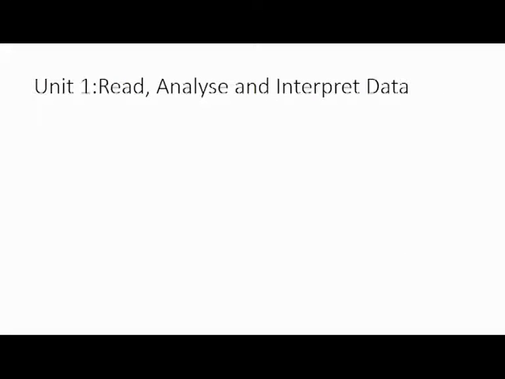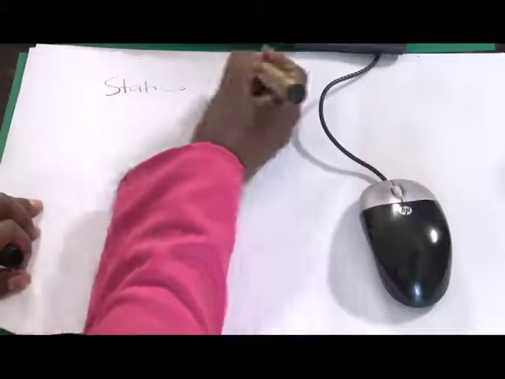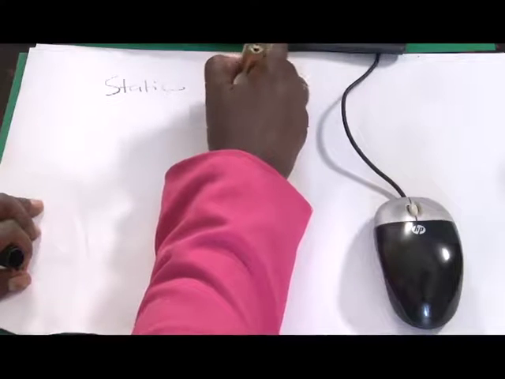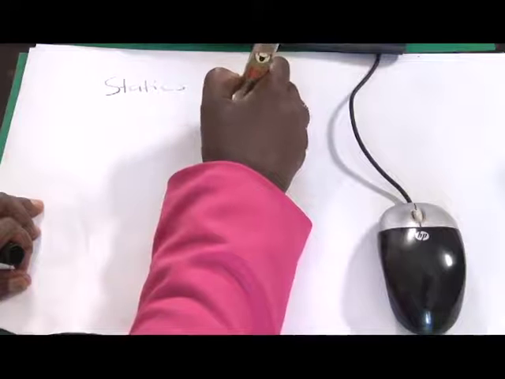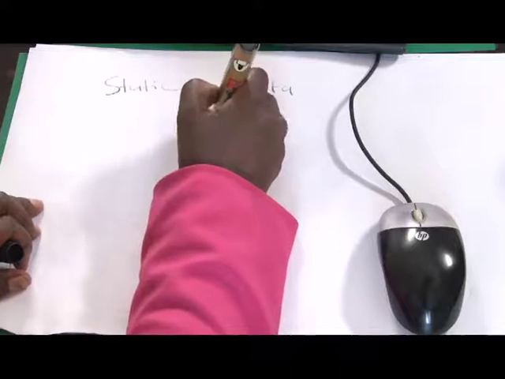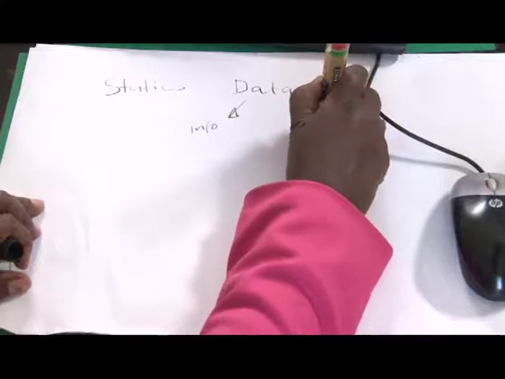So here, the first unit is on interpretation of data. Read, analyze, and interpret data. In many cases, this is especially on statistics, you'll be given some data, and with this data, you have some information that you are given, and then you have a question to answer.